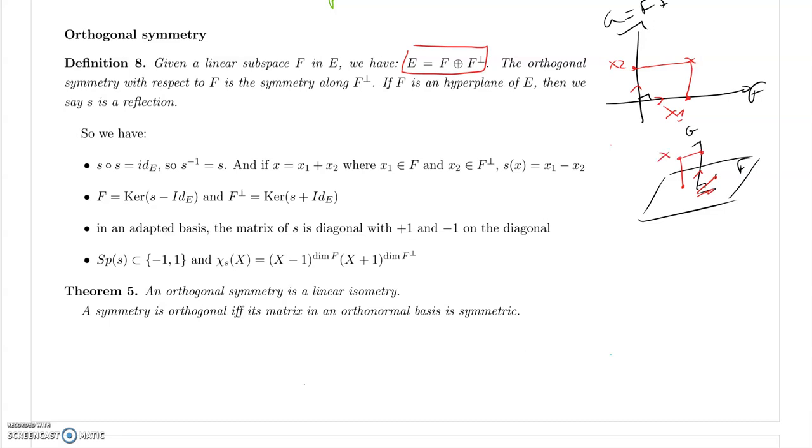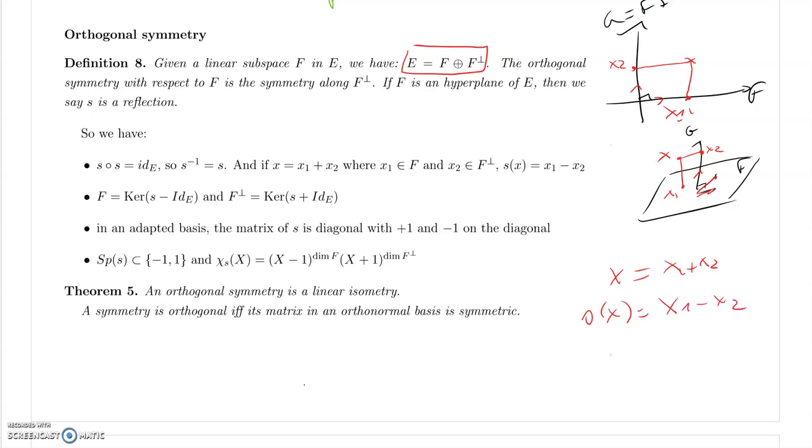Again, it's going to be the same idea. You've got some x1 part, some x2 part, and again we get that x is equal to x1 plus x2, and S of x is going to be x1 minus x2, exactly the same thing.